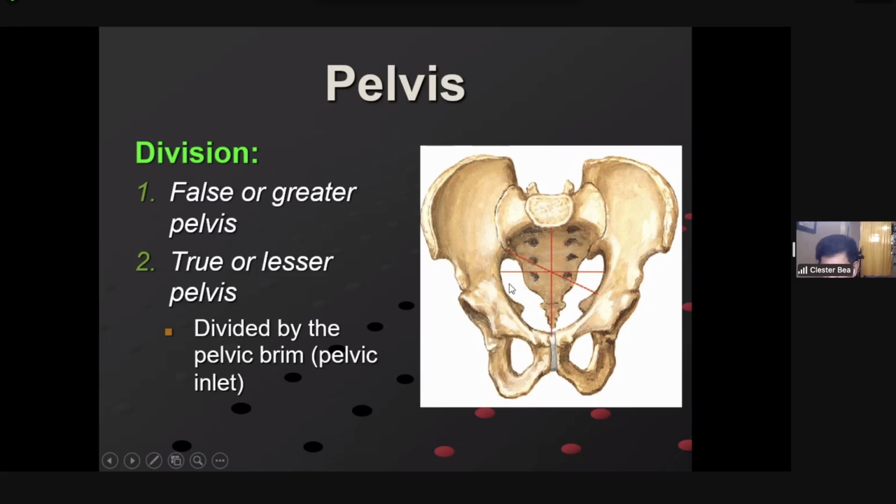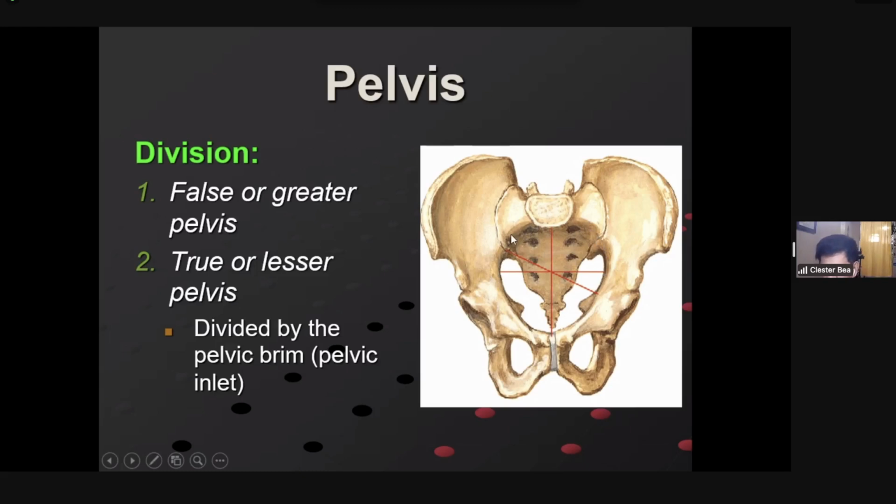Now, what separates the false pelvis above from the true pelvis below, which is the space inside, is the pelvic brim or the pelvic inlet. So this area is what is known as the pelvic brim or pelvic inlet, and this is the demarcating line.